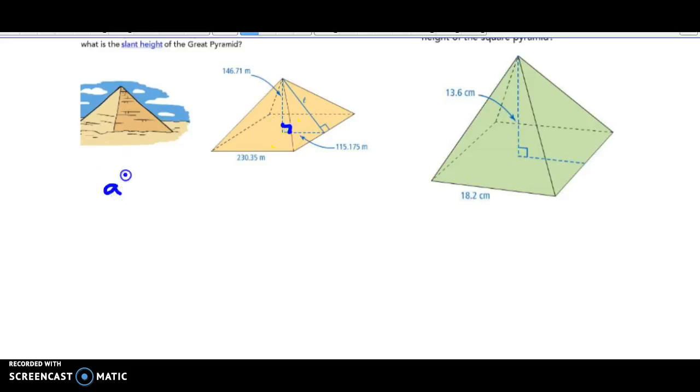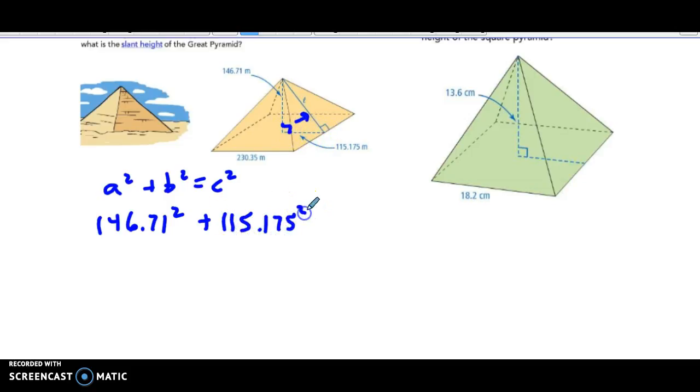So I'm going to identify what information I have and what I'm looking for. This slant height is going to be my c value because it is across from the right angle, so that makes it my hypotenuse. So I'm going to use the lengths of the legs, which is 146.71, and I'm going to square it, and I'm going to add it to the length of the other leg, which is 115.175, and I'm going to square it, and that's going to give me c squared.